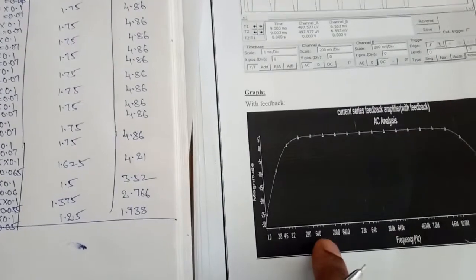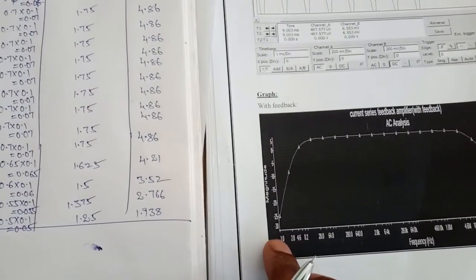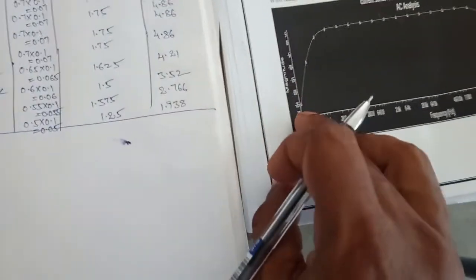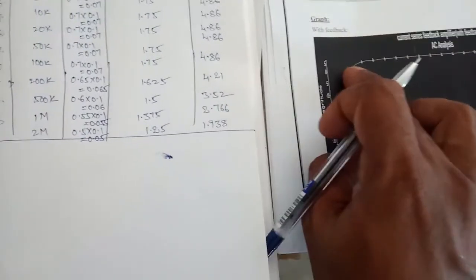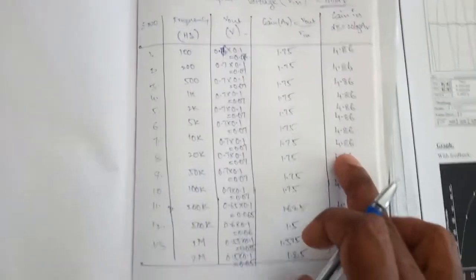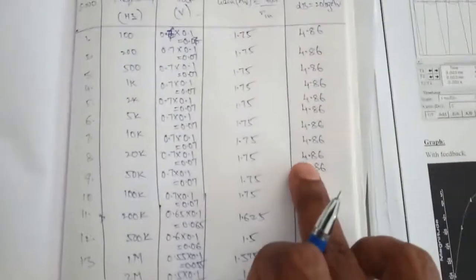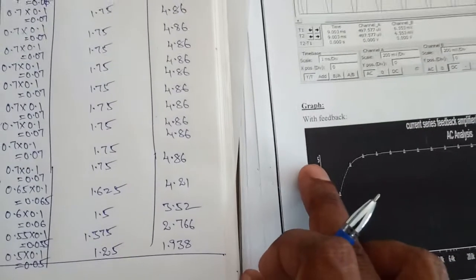Below 100 Hz, at low frequencies like 10 Hz, 28, 45, we will get negative gain, negative dB. Above 82 Hz we will get 0. The amplification factor is 1.75, or 4.86 dB. See the gain in dB versus frequency: the maximum value is about 5, at 4.86, and it is constant.